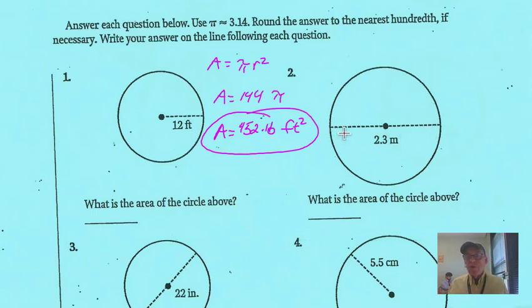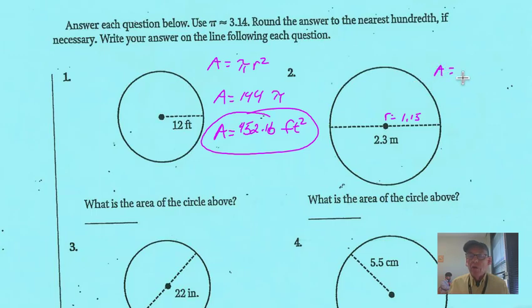Number 2, they're giving us the diameter is 2.3 meters. So we need the radius, which is going to be half of 2.3. 2.3 divided by 2 is 1.15. That's our radius. And the area is going to be pi r squared.